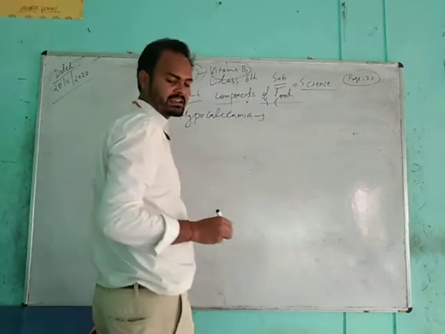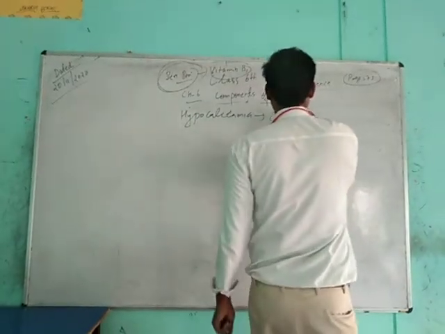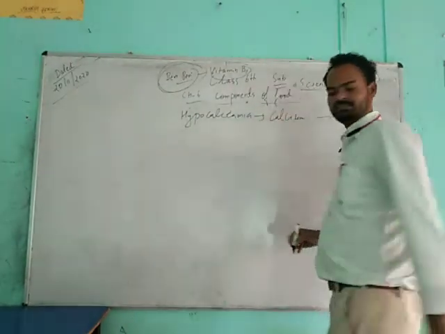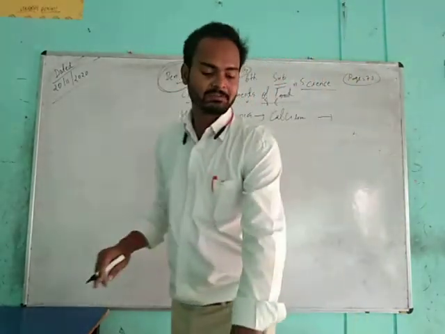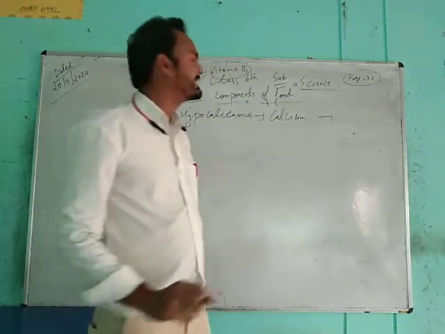As the name suggests, this disease also occurs due to the lack of calcium, which is a mineral. And what are the symptoms? Numbness, abnormal heart rhythm, and muscle cramps.